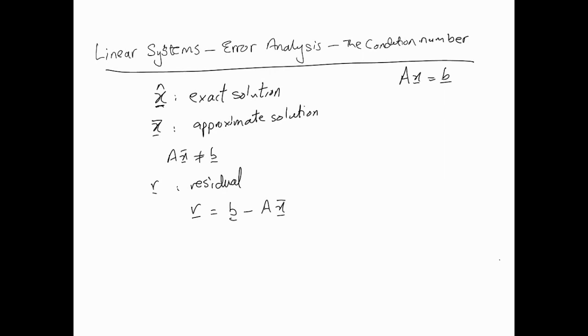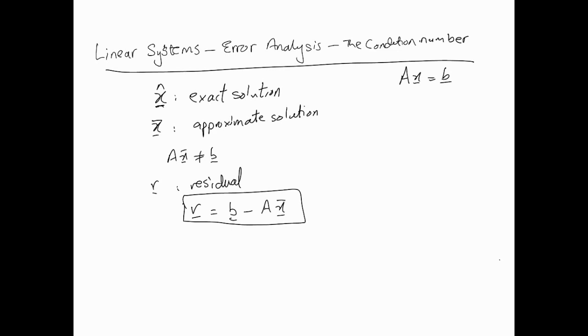Let's look at this symbolically. I'm going to put a box around this. This is the definition of the residual. We calculate the residual by taking the right hand side and subtracting from it A times our approximate solution.